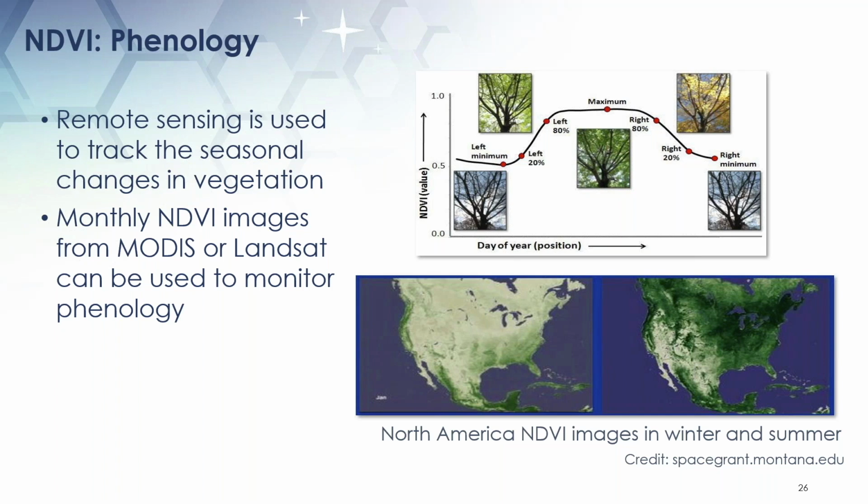When spring arrives, the vegetation greens up and NDVI increases until it peaks in the summer. Then, as vegetation senesces and the trees lose their leaves, the NDVI values decline. So the two images on the bottom here show you the NDVI values in the winter versus the summer.